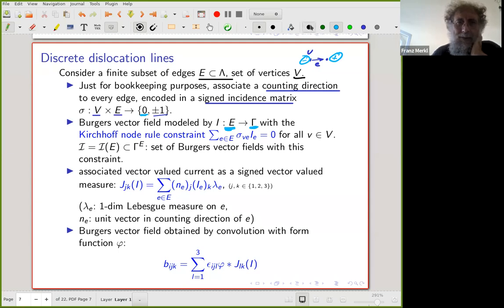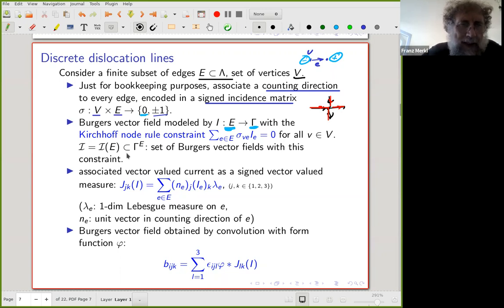But with a constraint: for every component of the Burgers vector, the balance of these components over all edges at a vertex is 0.